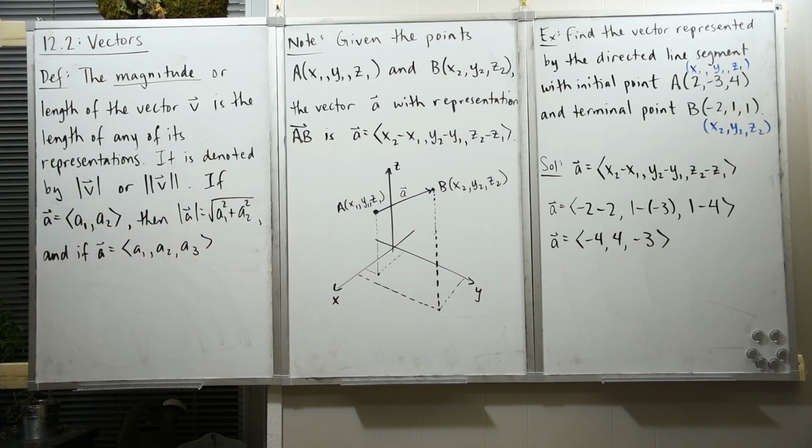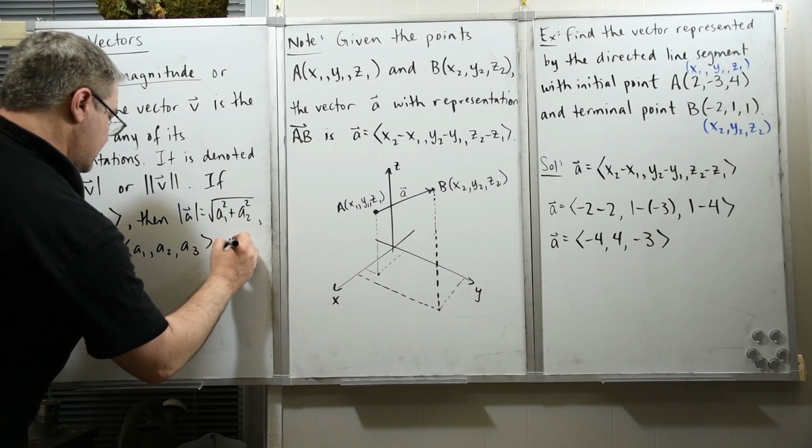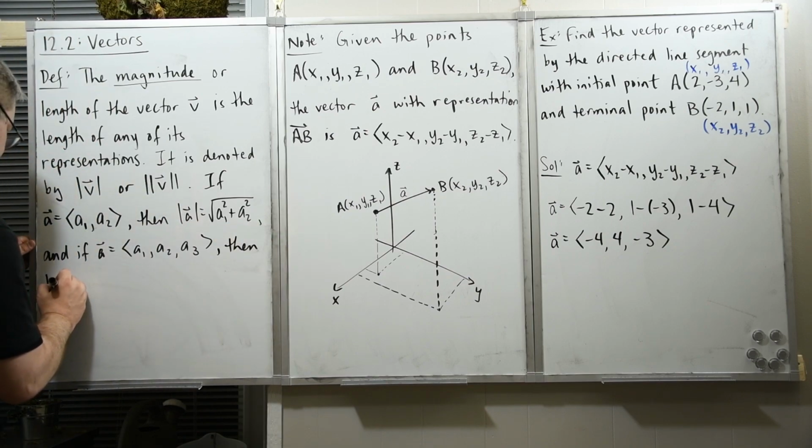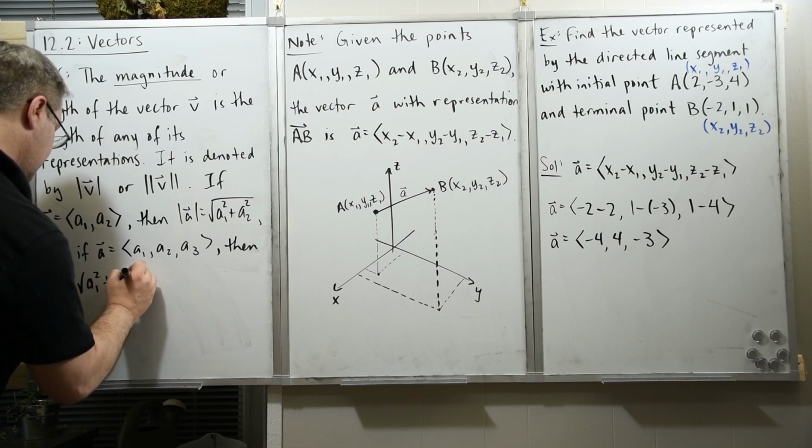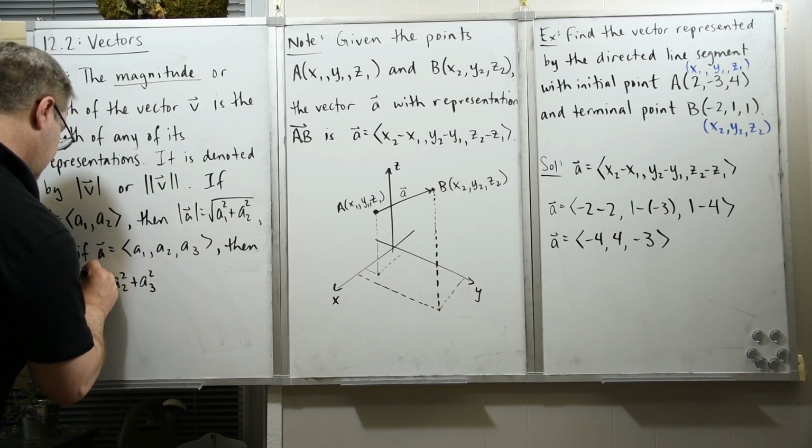And if we're looking at a vector in 3 space, then the magnitude of A is going to be the square root of A1 squared plus A2 squared plus A3 squared.